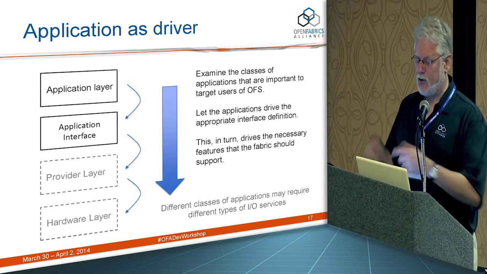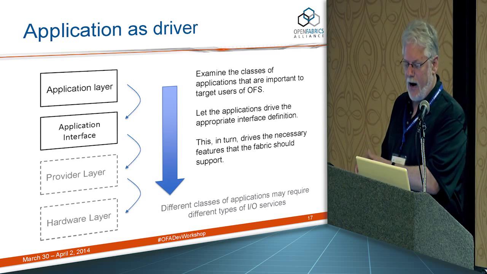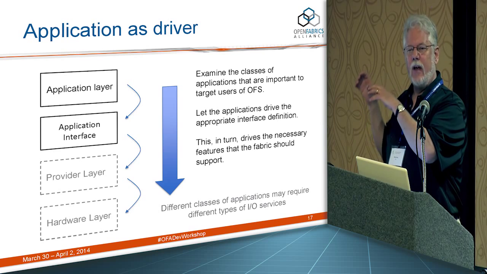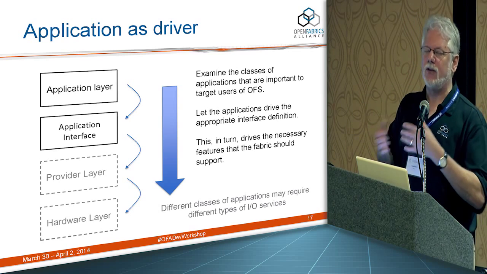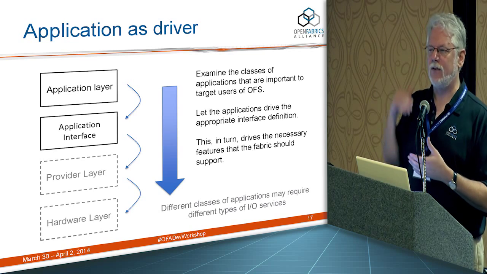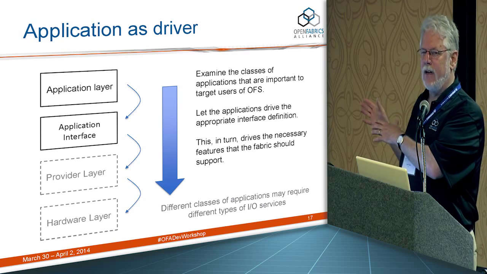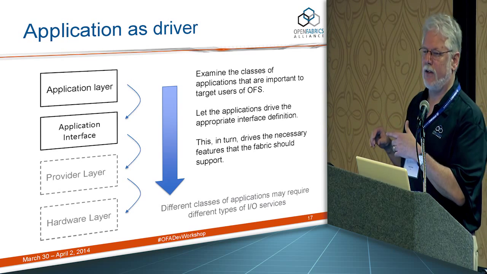We let the applications drive the appropriate interface definition, and that in turn should drive the necessary features at the underlying I/O service provider layer. So what set of features actually need to occur at the provider layer in order to meet the needs of the API? What's hidden in here, but I haven't said, is that may result in changes at the standards layer.